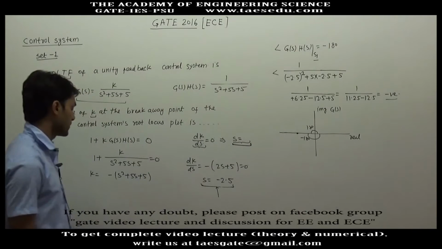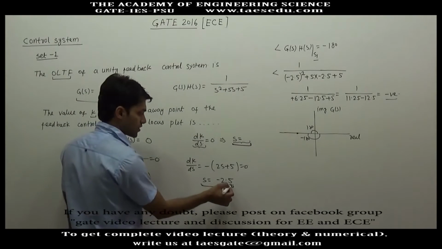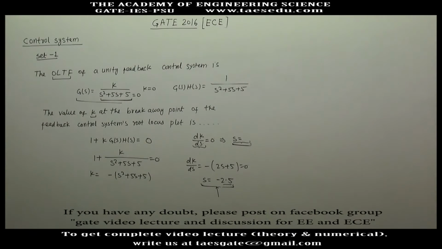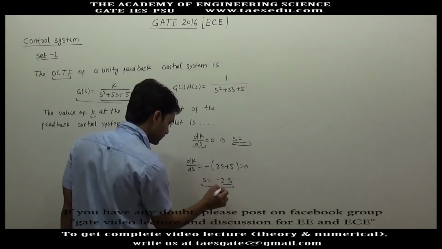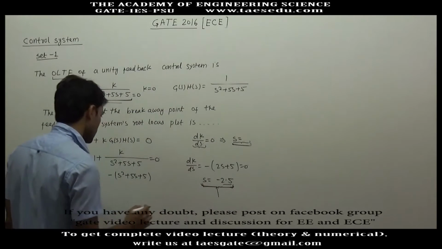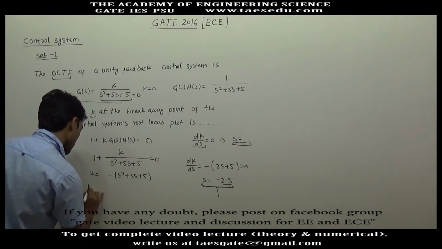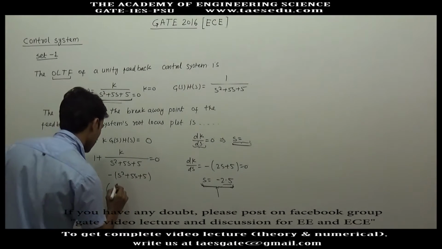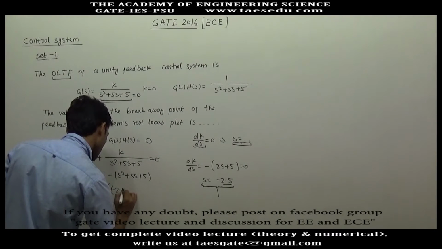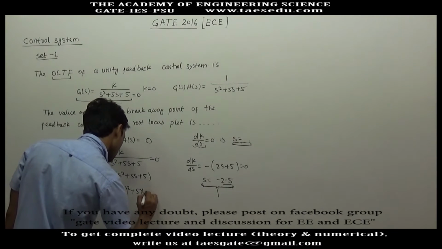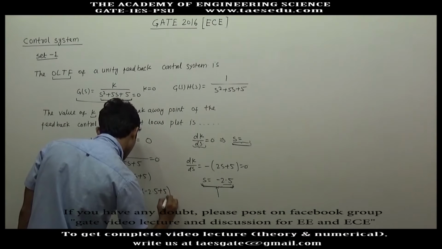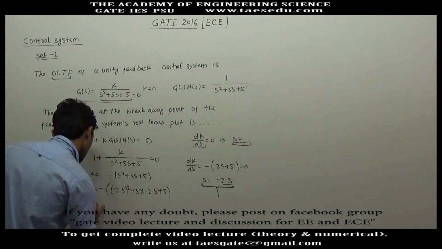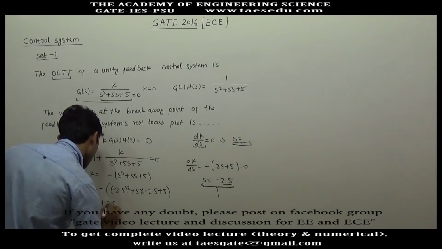So it confirms that the point s equal to minus 2.5 lies on the root locus. Corresponding to this point, K will be equal to minus of s square plus 5s plus 5, that is minus 2.5 square plus 5 into minus 2.5 plus 5. We solve this, and this will give you K equal to 1.25.